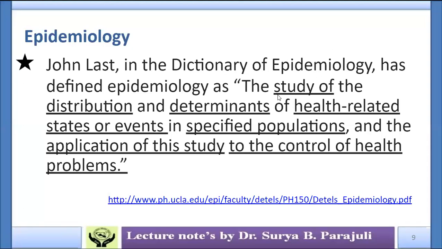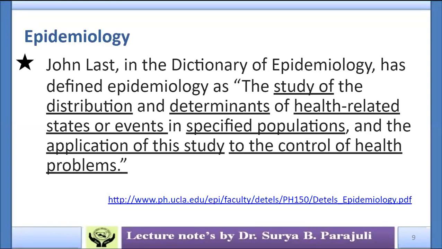And here there are different terminologies: study, frequency, distribution, and determinant of COVID-19. Frequency is not written here directly, but it is inherent to this definition. Frequency means prevalence. In our first question of today's class test, I asked you what is the total number of COVID-19 cases in Nepal till date. So that is frequency of COVID-19.